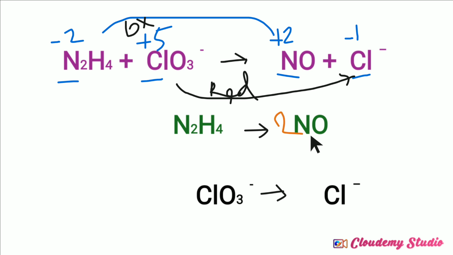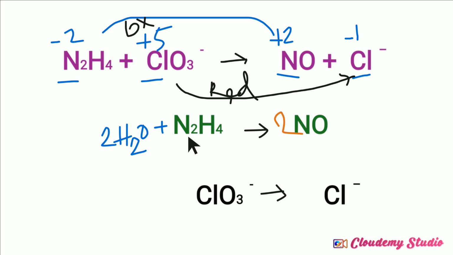When we multiply nitric oxide by 2, oxygen becomes 2 on the right hand side, but the left hand side has no oxygen atom. Therefore, to balance these 2 oxygen atoms, we need to add 2 molecules of water on the left hand side. 2H2O are added.